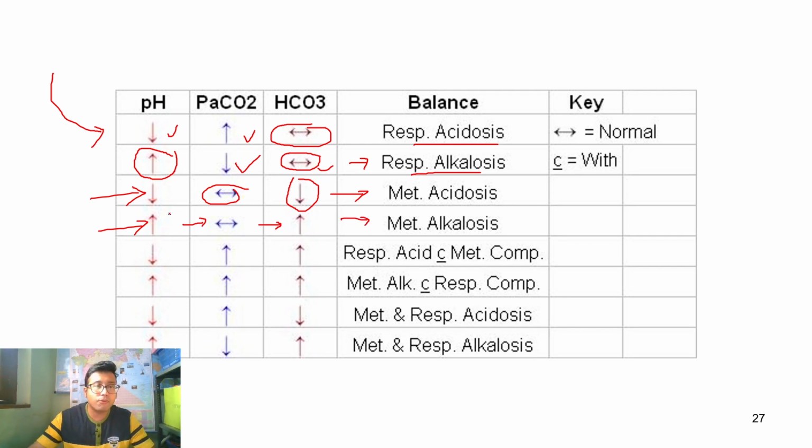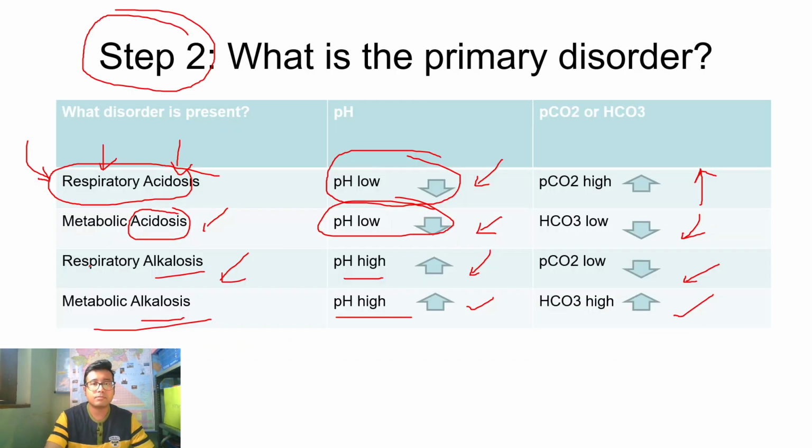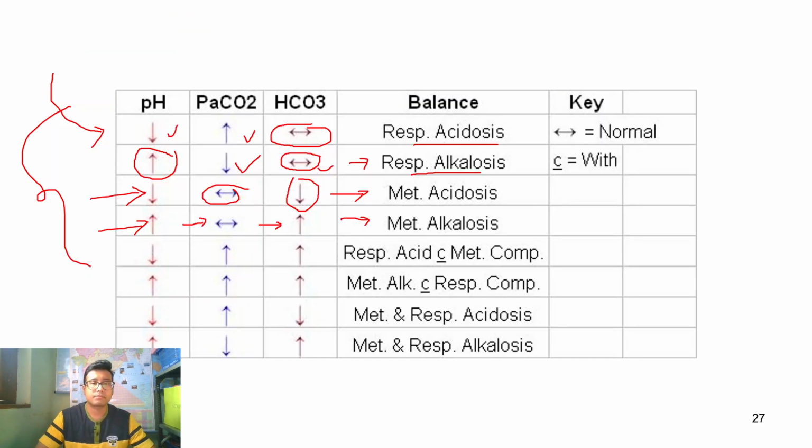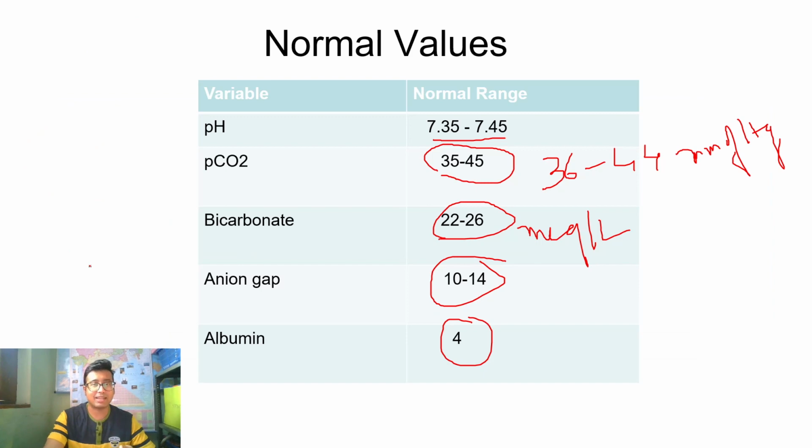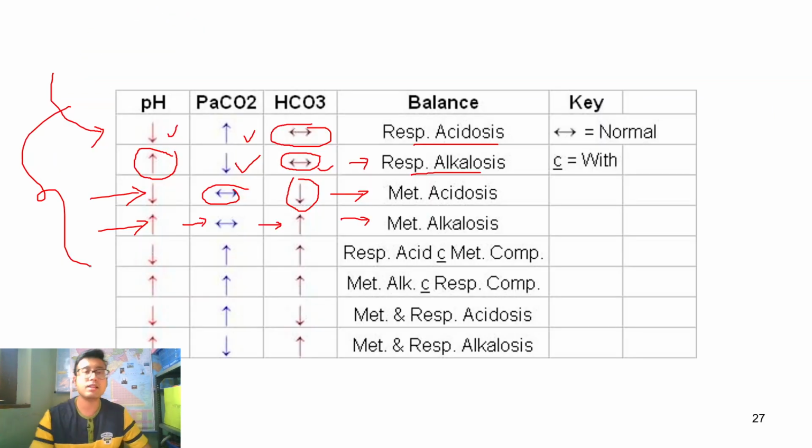So these four are nothing but repetition of this slide. Get my point? Remember, in your exam, problems will not be given like this. It will not say high or low. There will be a value, and for that you need to remember this slide. Okay, the normal values. Now let us deal with some compensations.